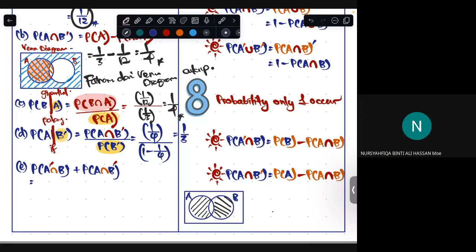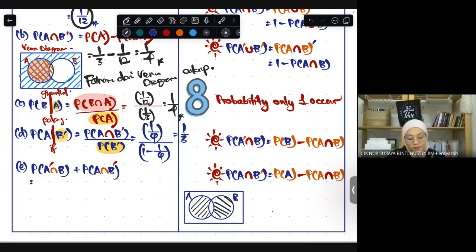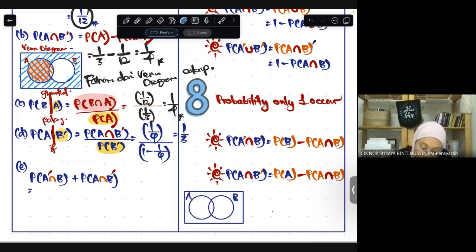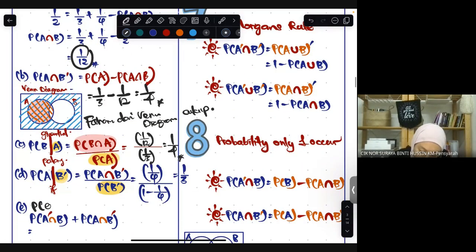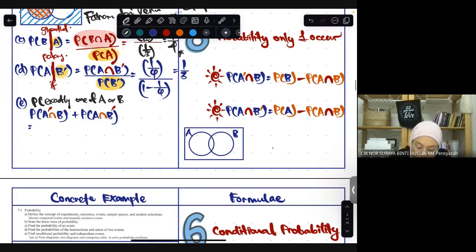So you kena faham soalan dan juga faham lorekan tu di mana. Maybe I should write the question first. Terlalu laju lah kan. So find the probability where exactly one of A or one of B will occur.